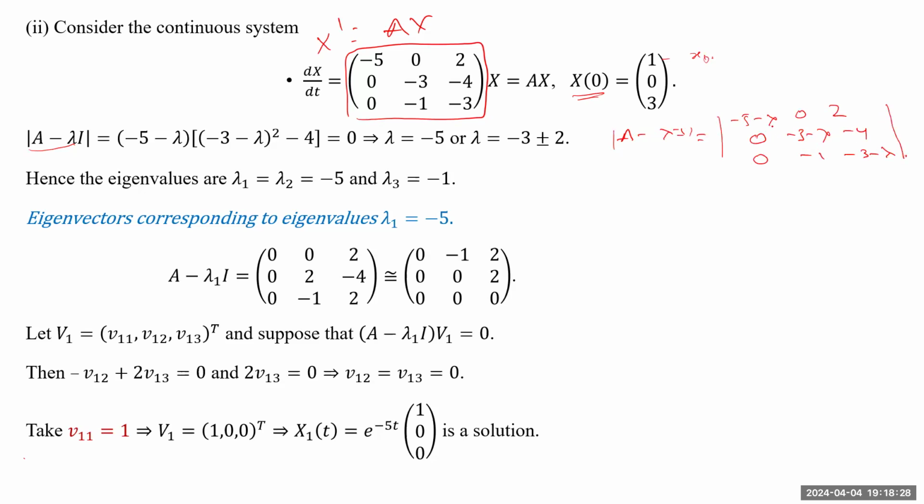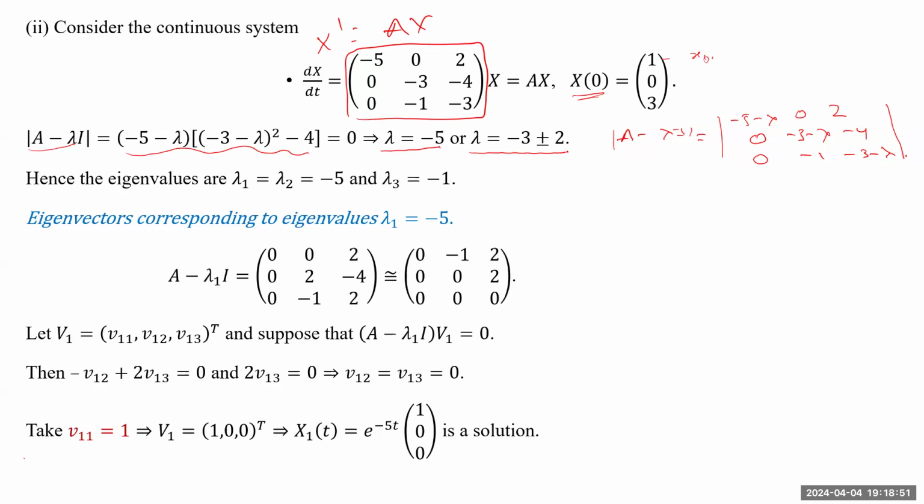If you expand the determinant, you will get the characteristic equation, and you have to solve it. You will get lambda equals minus 5 and lambda equals minus 3 plus or minus 2.